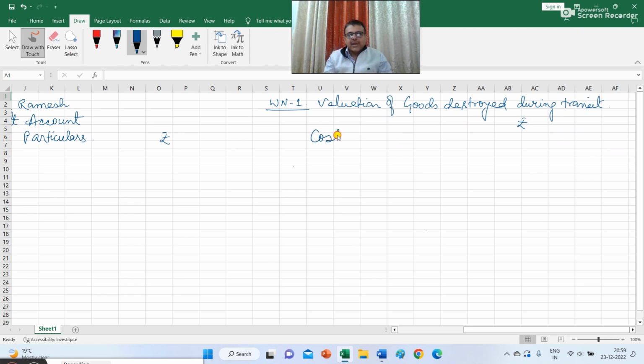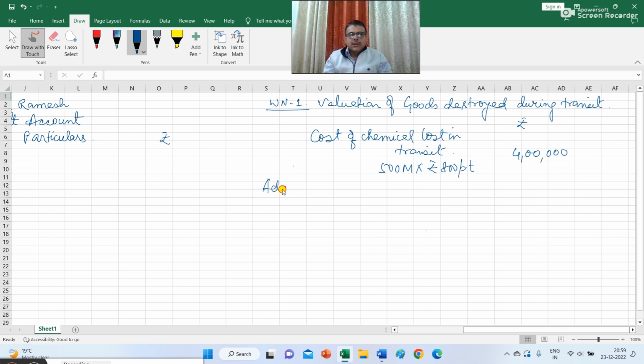So cost of chemical lost in transit. So 500 metric ton, multiply this with rupees 800 per ton. So the cost price is rupees 4 lakh.